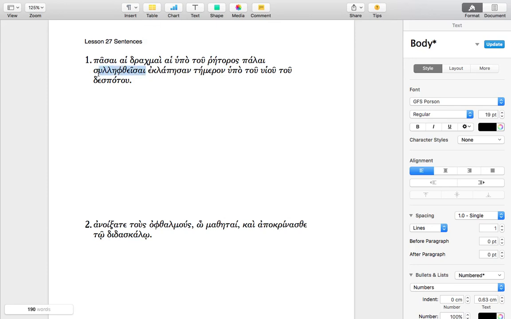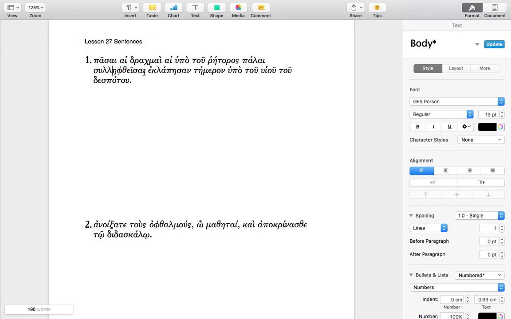Now, sulephthesai is a participle. It's a theta ending, so it's an aorist passive participle. Sulephthesai comes from sulambano, and this is the aorist passive participle of sulambano, that were seized, yes, seized or snatched.